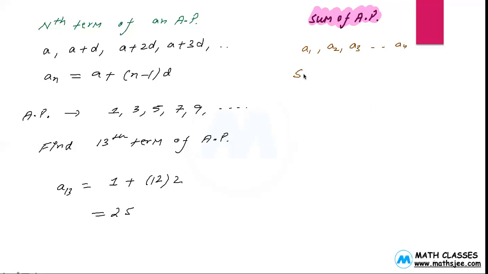By sum, we mean we have to find the sum of A1 plus A2 plus A3 till An. So how can we find the sum of this AP, or how can we add it up? We need a formula for this.